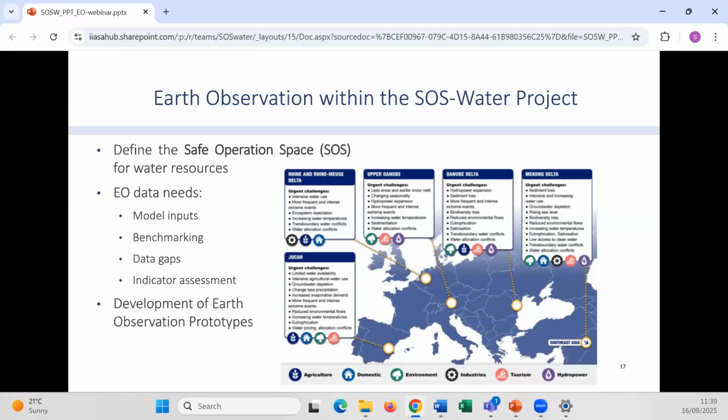The first one is as model inputs, for instance, discharge simulations. Then benchmarking, where we're comparing modeled outputs with observed Earth observation data. Then to fill in data gaps, for instance, for time series of precipitation inputs, and indicator assessments.